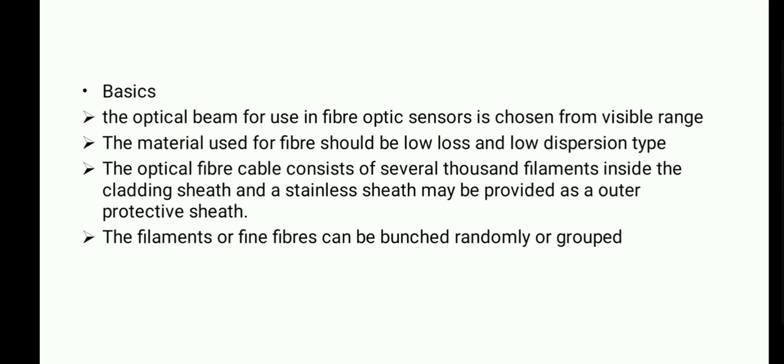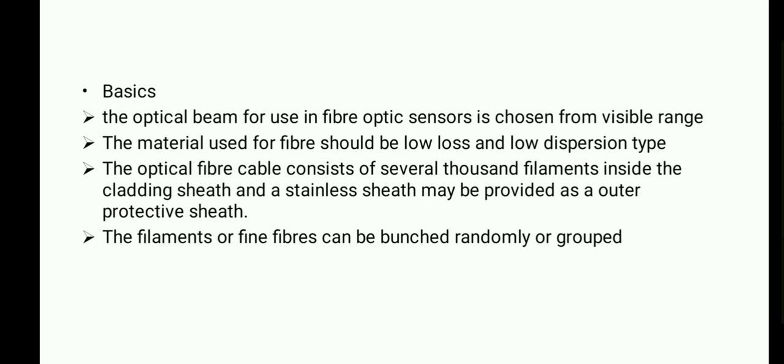Usually the light beam which we choose in fiber optic sensors is from the visible range, although we can also choose from the ultraviolet as well as infrared range in some chosen applications. The second point is the material used for the fiber should be low loss and low dispersion type. Low dispersion means it should not scatter the light.